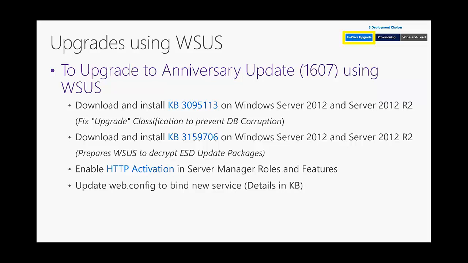I will work with our organizer for this event and see if, besides the recording, there's also a way we can share these files with the attendees of this event so they can be downloaded. You also have to download these two KB articles, which are options for Server 2012 and 2012 R2 to support the SUS integration or migration to Windows 10.